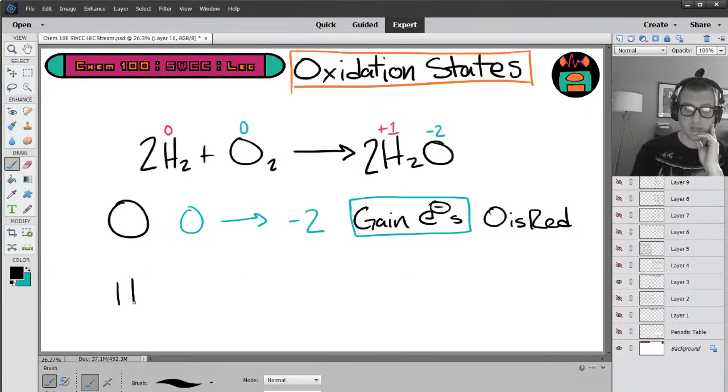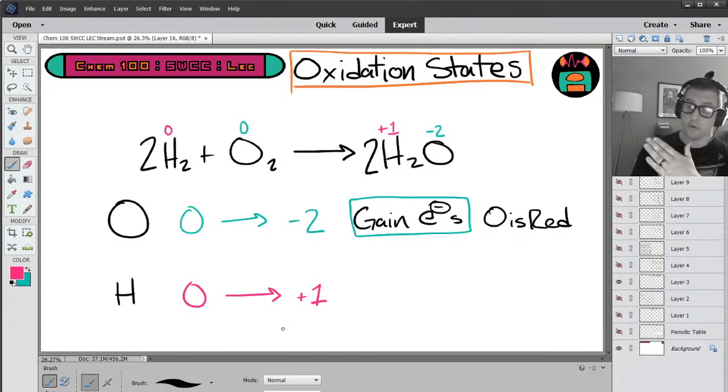Let's look at hydrogen. All right, hydrogen starts at 0 and ends at +1. So if you've started at 0 and then you end as a positive, have you gained or lost electrons? Well, started at neutral, ended positive, you lost negative charges along the way.